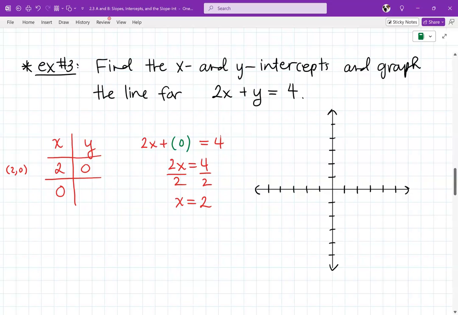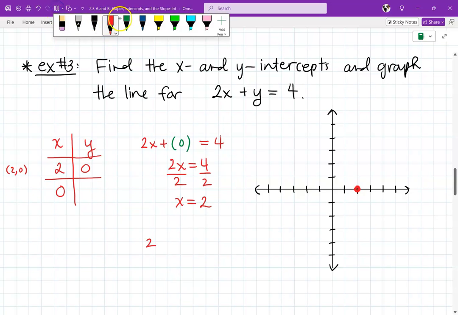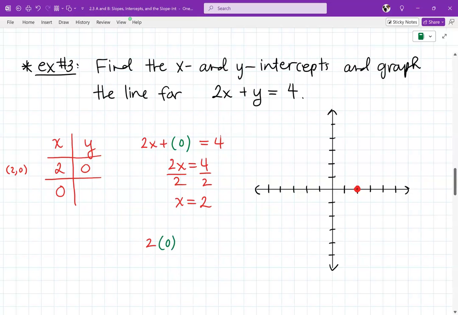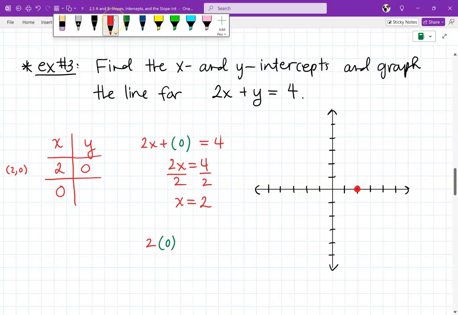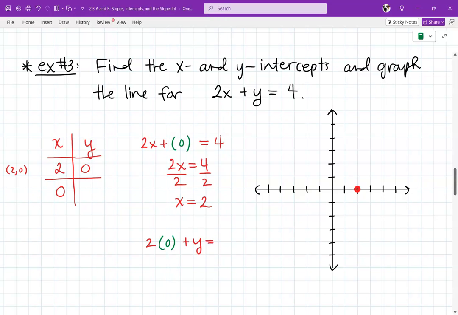So I'm going to go to (2, 0), and I'm going to put a dot right there. Notice, x-intercept because it's crossing the x-axis. Now let's find my y-intercept. So for the y-intercept, I get to plug in a 0 for x. So 2 times 0, because x is going to become a 0, plus y equals 4. 2 times 0 is 0, and 0 plus y is just y.